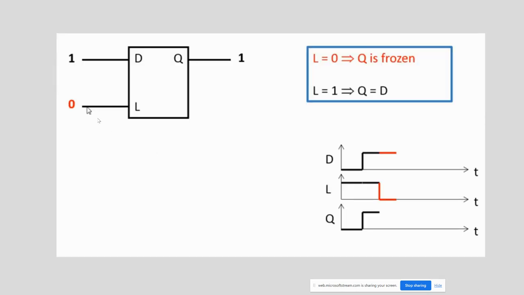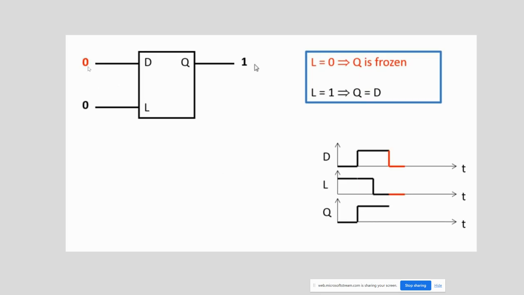Now, if L is 0, then according to this rule, Q is frozen. Because we came from 1 in terms of Q, which is high, it freezes and stays as it is. And let's say we have L is 0, D is 1, Q is 1 from previously because we had it high.